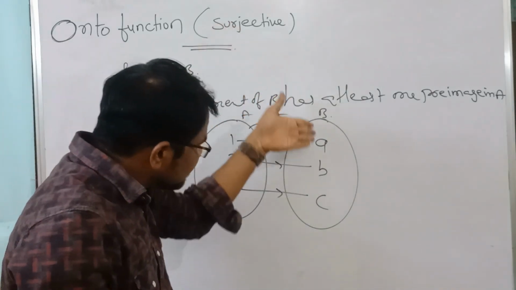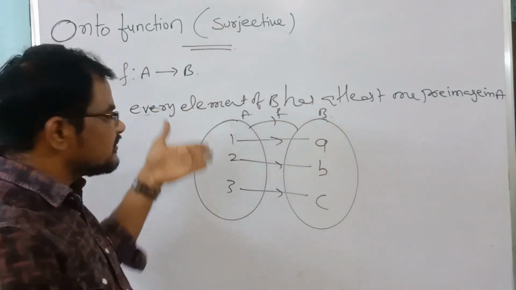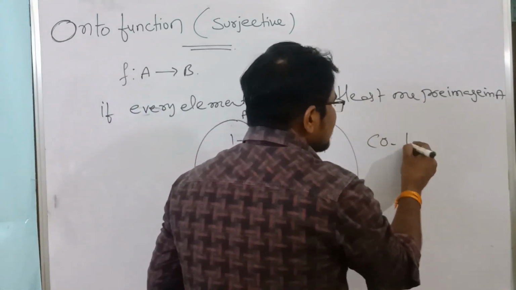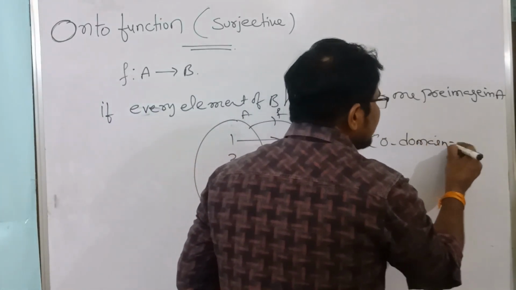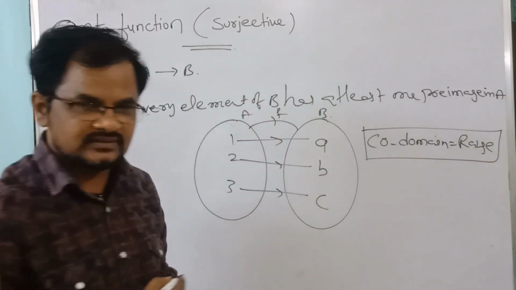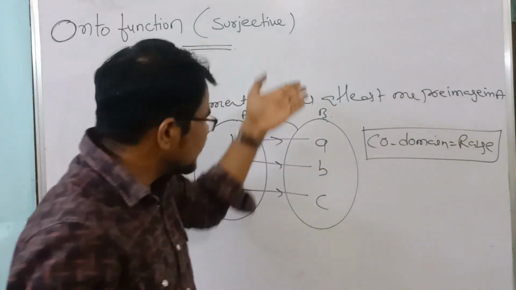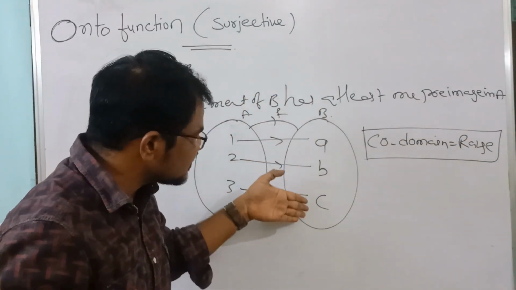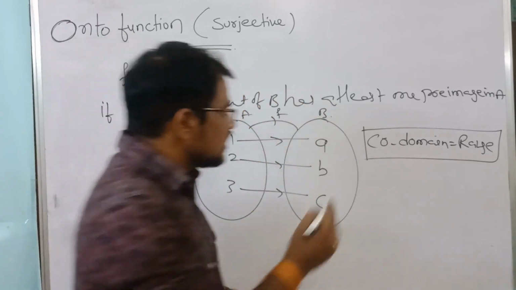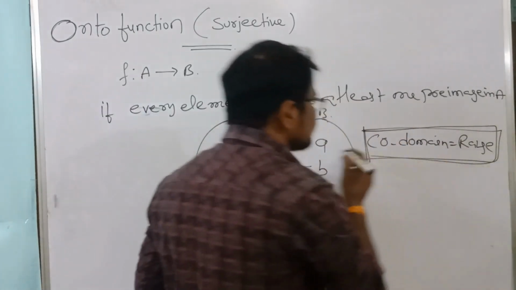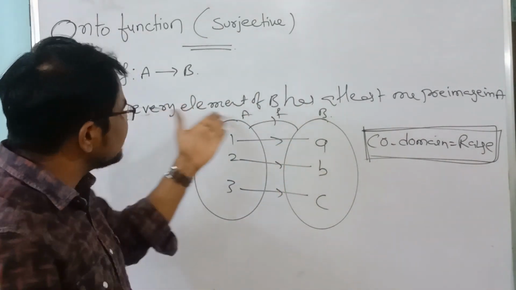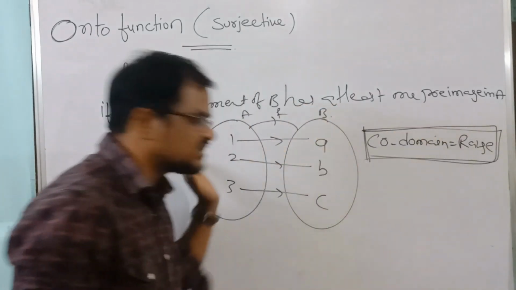So every element of B has at least one pre-image in A. So this is called, means nothing but simply you can say, if codomain equal to range, then that function is called what? Onto function. What is the codomain? Codomain of this function is a, b, c. What about the range? Range also a, b, c. If codomain equal to range, then that function is called onto function.